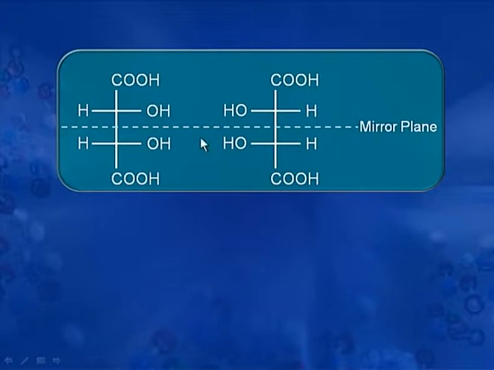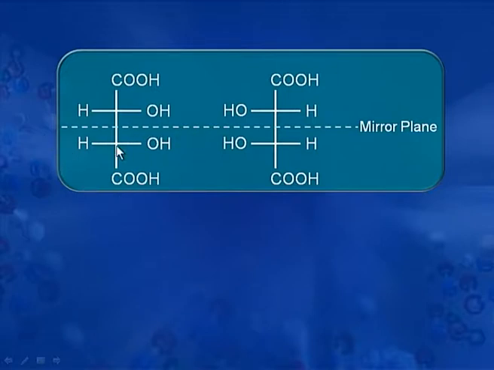What we find in this structure, that this dotted line is representing a mirror plane and we see carefully that across this line, this part of the molecule is exactly the mirror image of this part.